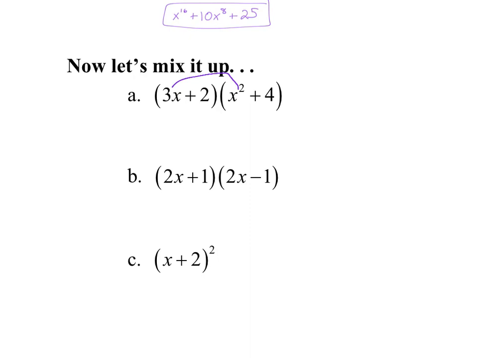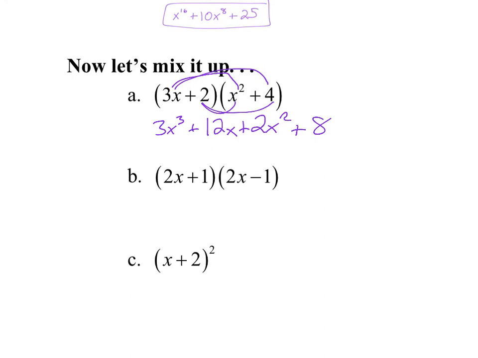So I have 3x to the 3 plus 4 times 3 is 12x plus 2x squared plus 2 times 4 is 8. Now, final answer, I'm going to need to put this in the proper order.